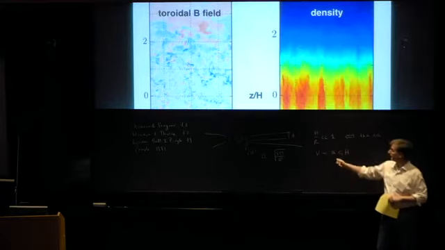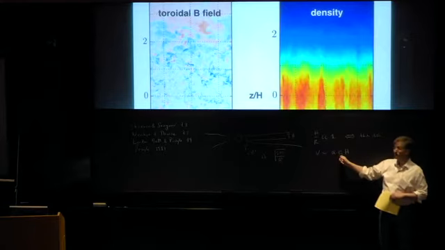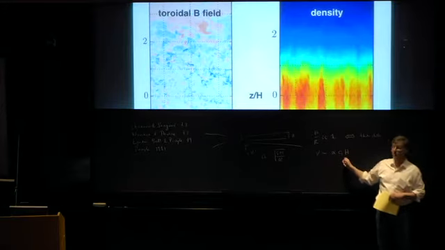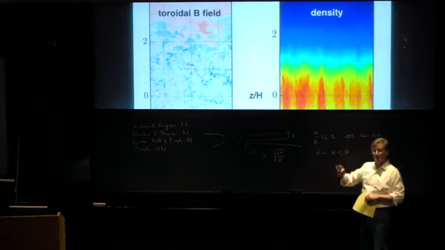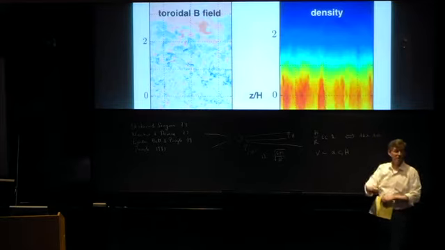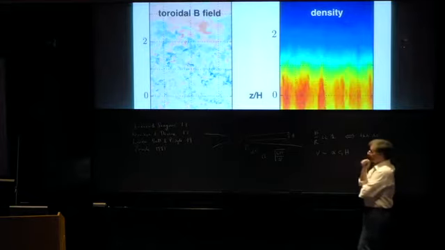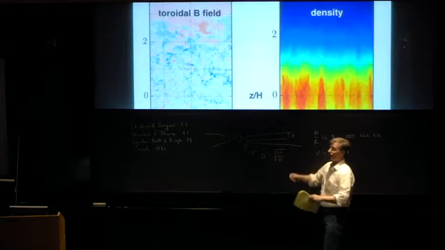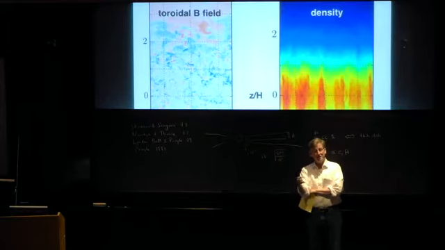The units of kinematic viscosity are length times velocity. The only natural length scale here is the scale height, and the only natural velocity scale is the sound speed. It's the only game in town. Then we multiply that by a dimensionless number alpha, which describes the intensity of the turbulence. So the idea is you set this thing up, you turn it on, and angular momentum flows outward, and mass flows inward.